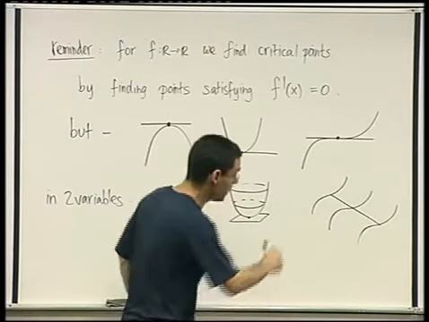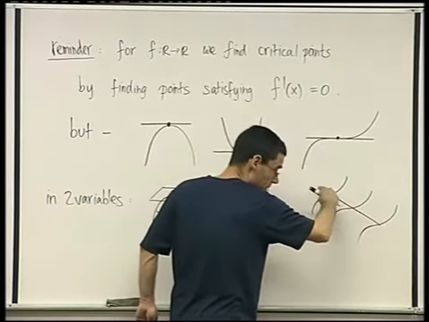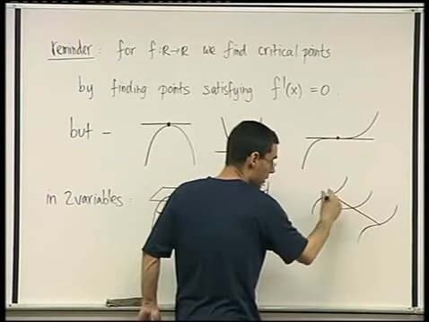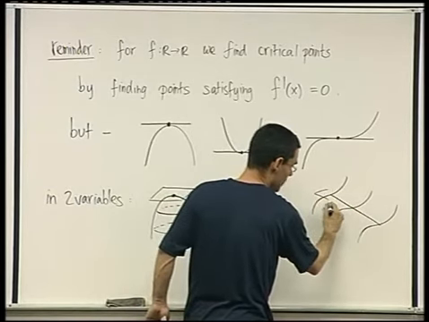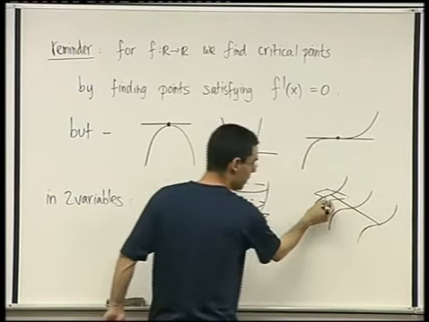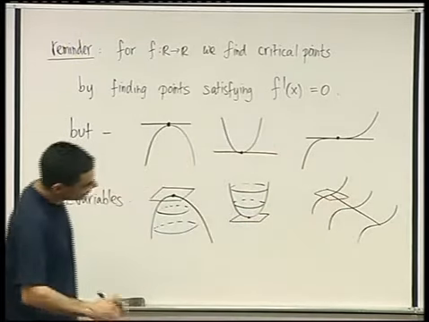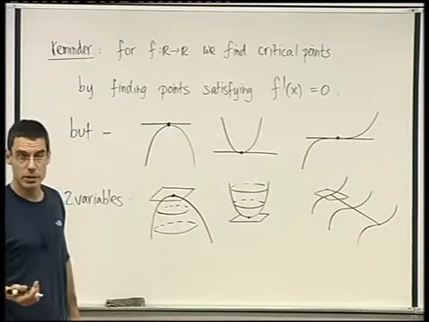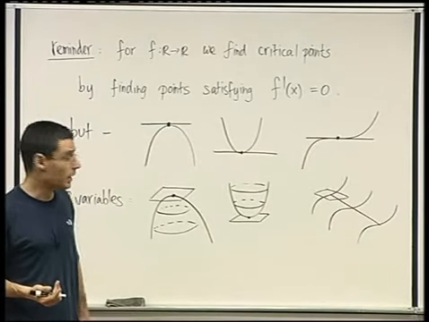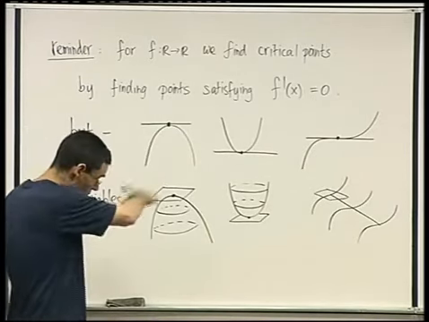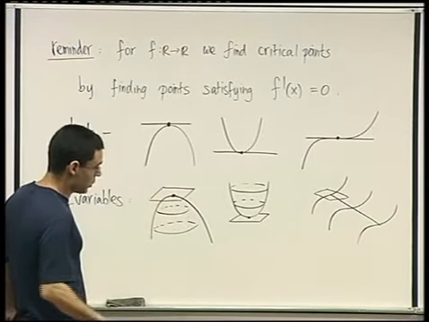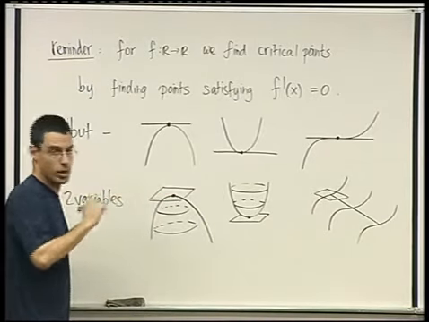You sit on it like this. So all these points here have horizontal tangent planes, but they're not maxima. If you go in this direction, you go up. If you go in that direction, you go down. Do you agree?